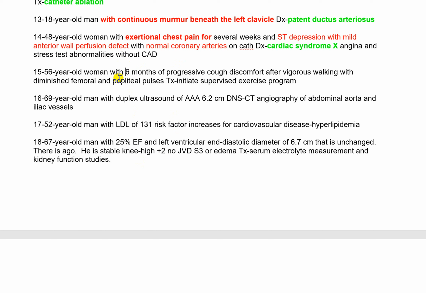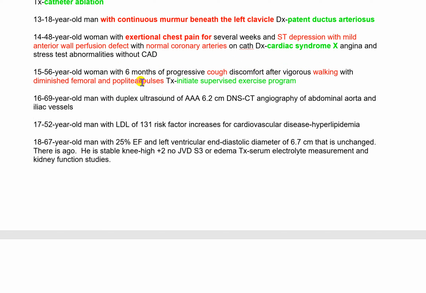There is a 56-year-old woman with 6 months of progressive discomfort after walking and diminished femoral and popliteal pulses. What does that tell you? How do you treat this patient? Is it a clot emboli?